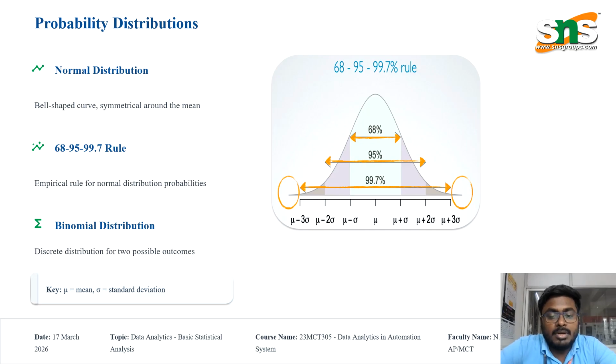You should remember the 68-95-99.7 rule, that is the empirical rule: approximately 68 percent of values lie within plus or minus 1 sigma, 95 percent within plus or minus 2 sigma, and 99.7 percent within plus or minus 3 sigma. This rule is used everywhere in control charts, capability analysis, and setting alarm limits.